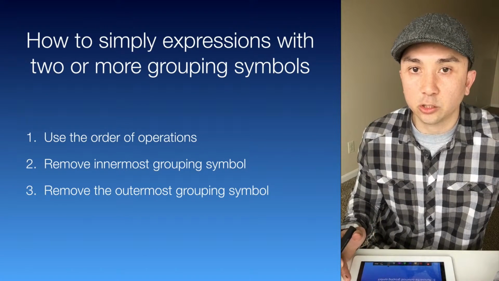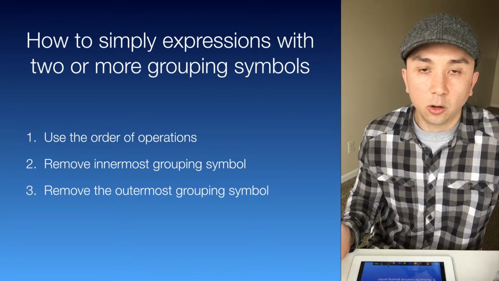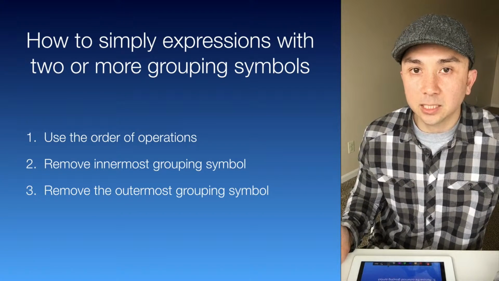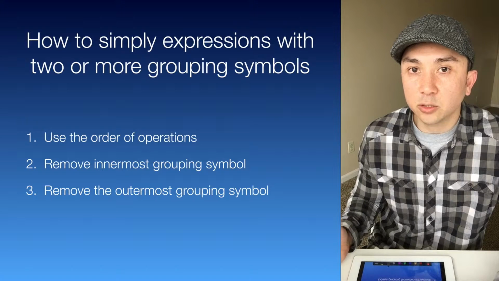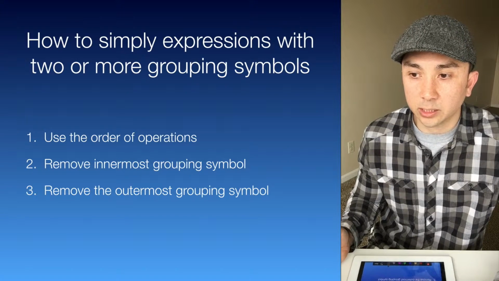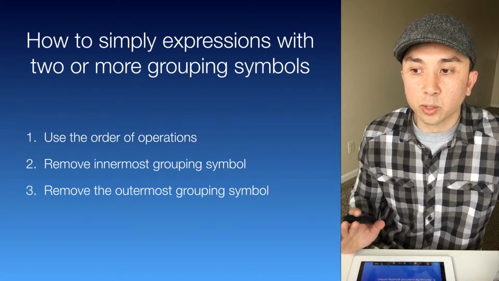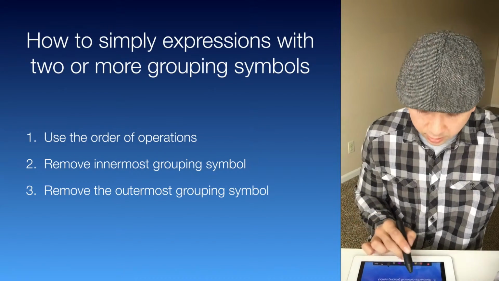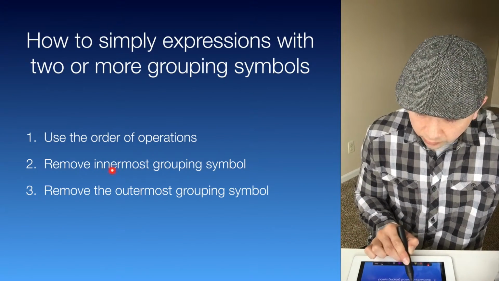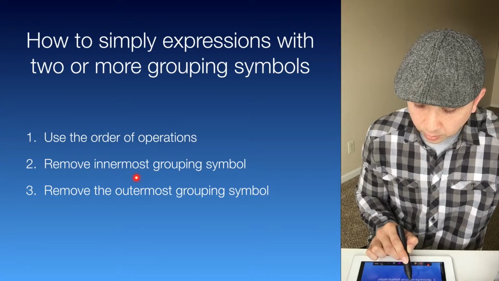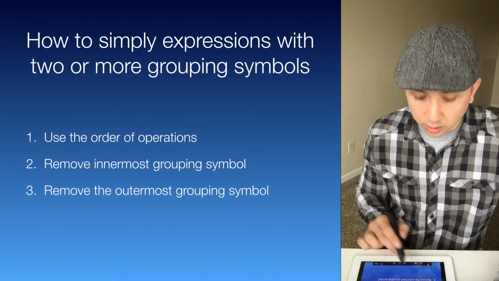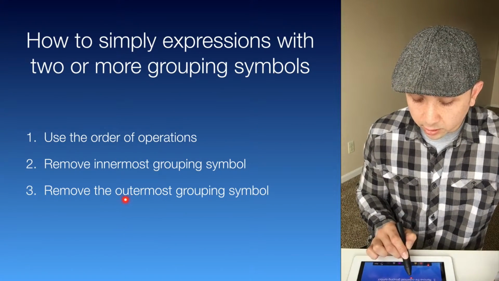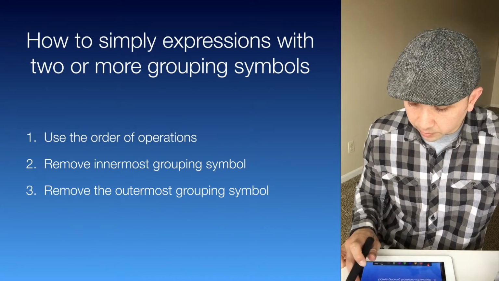So please excuse my dear Aunt Sally, or parentheses, exponents, multiplication or division, addition or subtraction. And then we're going to remove the innermost grouping symbol. And then the last thing we're going to do is remove the outermost grouping symbol.